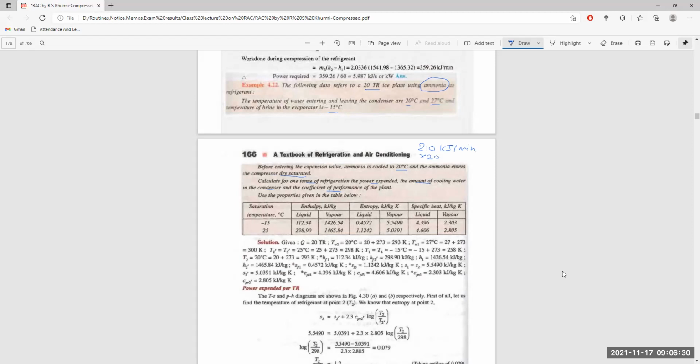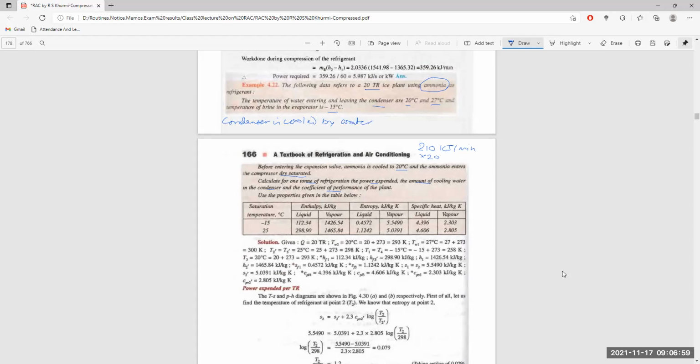Next, what is it saying? The temperature of water entering and leaving the condenser are 20 degrees and 27 degrees centigrade. So here the condenser is cooled by water, which has temperature 20 degrees centigrade at entrance and at exit it is 27 degrees centigrade.